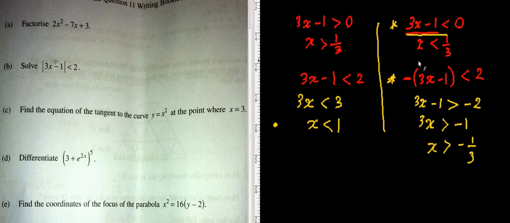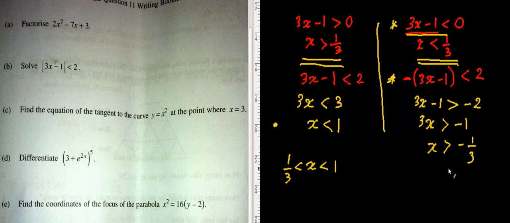Now, remember, I need to be constrained by these situations. So x is less than 1, but it's greater than a third. What this is saying is that x is between a third and 1. I should say greater than or equal to over here, and greater than or equal to over here.